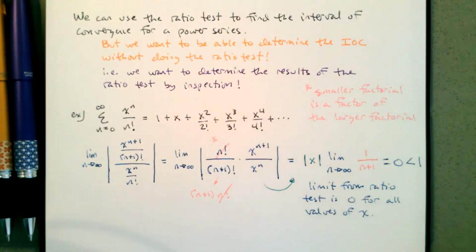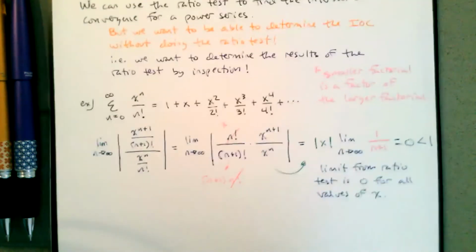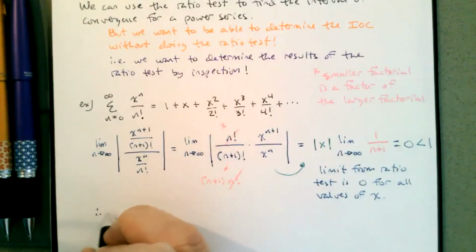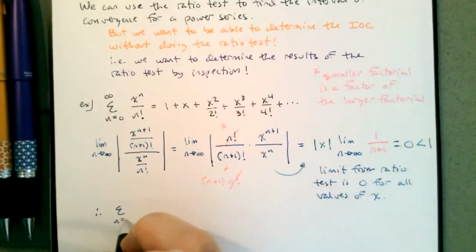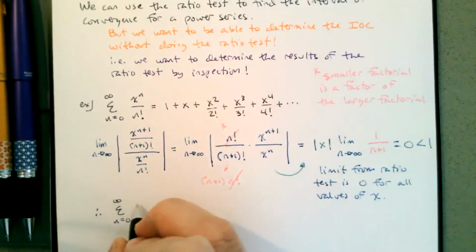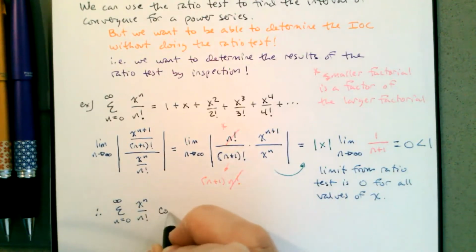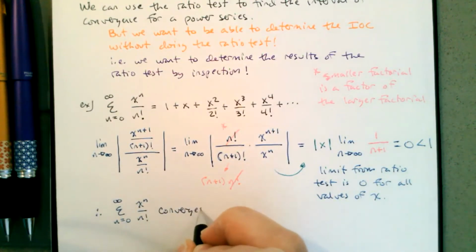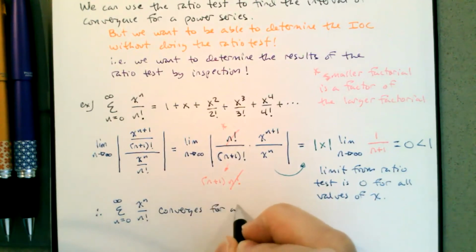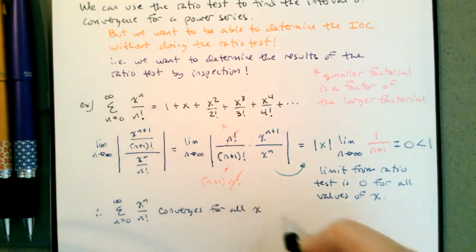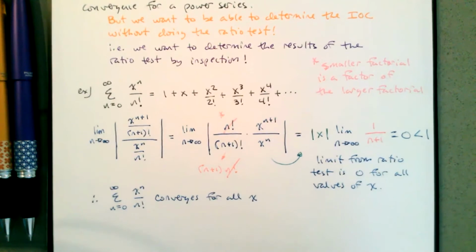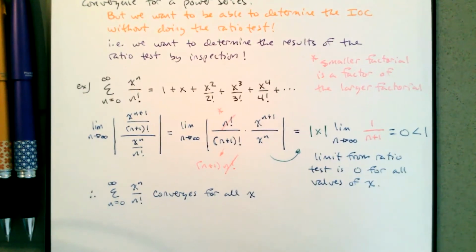Therefore, the power series converges for all values of x. That means the interval of convergence is all real numbers, and the radius of convergence is infinite.